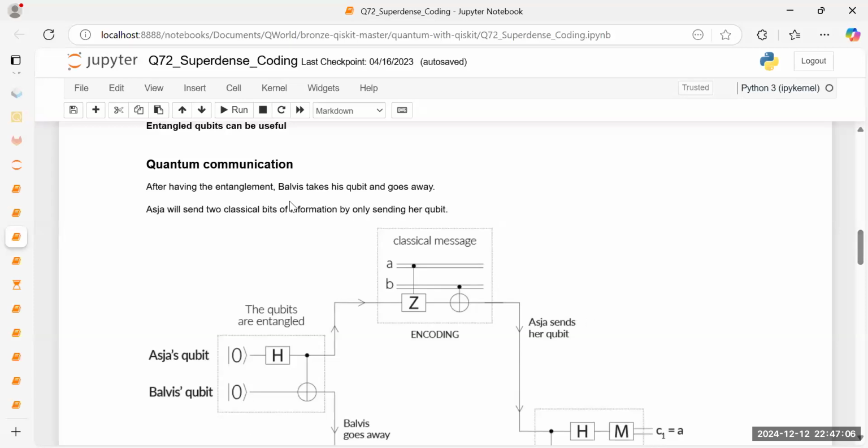When we start off, we're starting with an entangled pair.